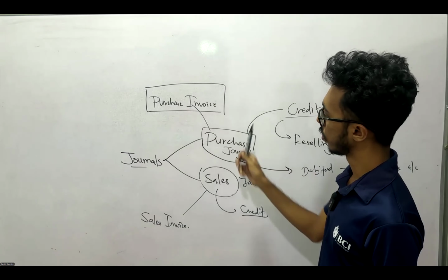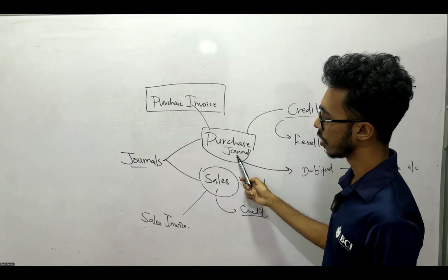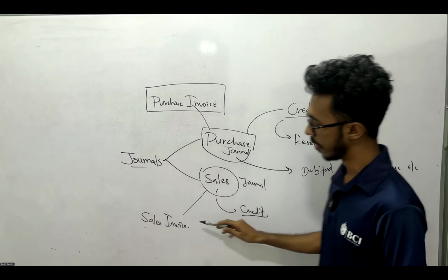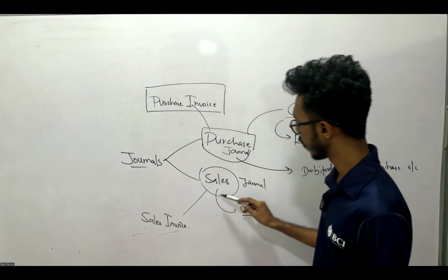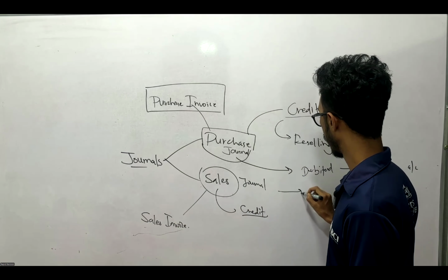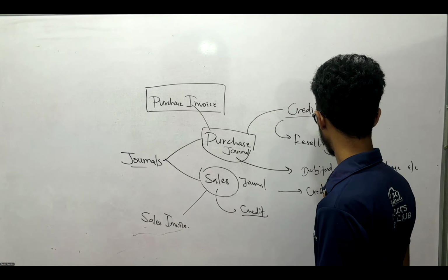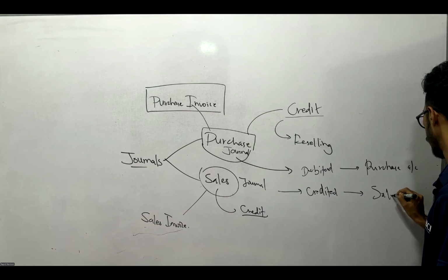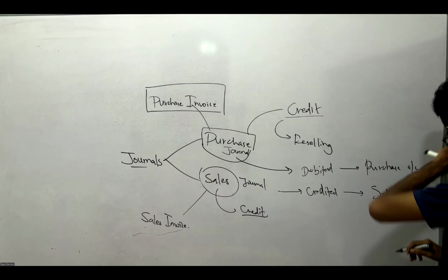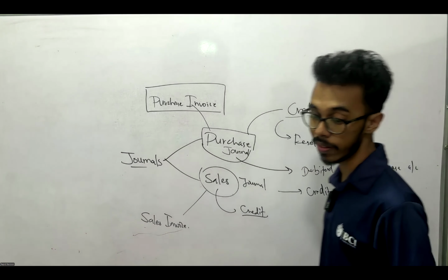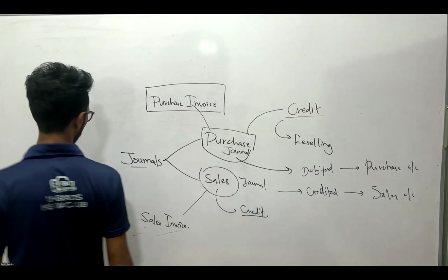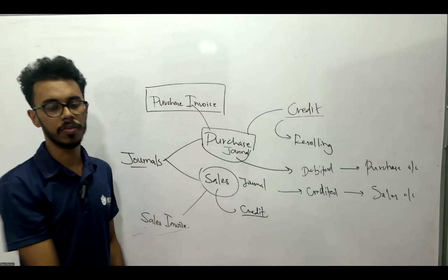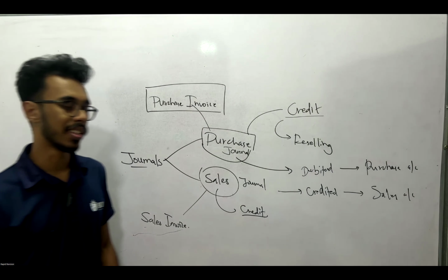The sales invoice will be recorded in the sales journal and it will be credited to our sales account. So this is what happens with purchase and sales invoices.